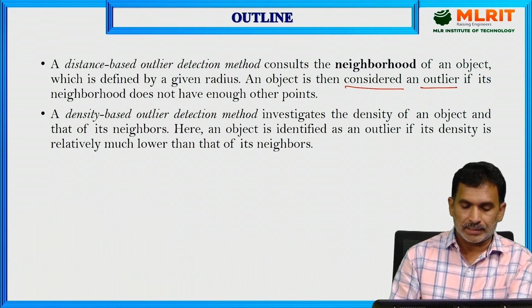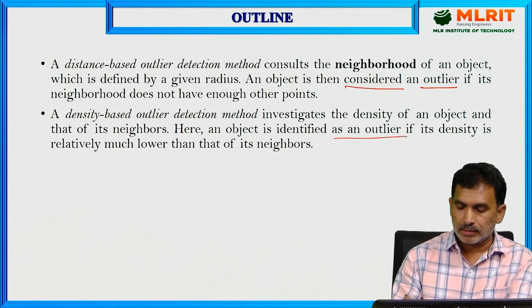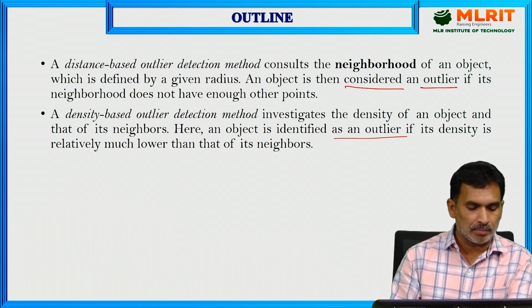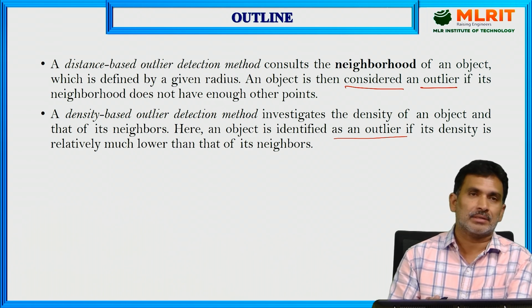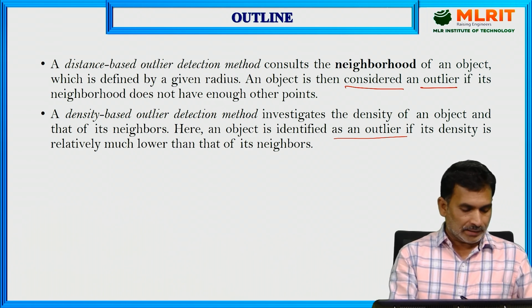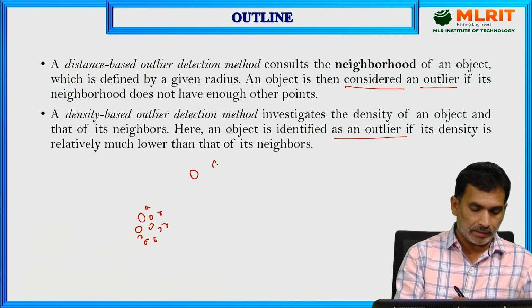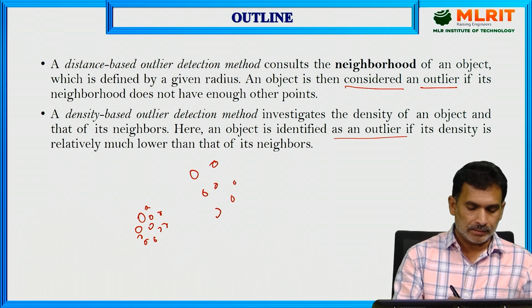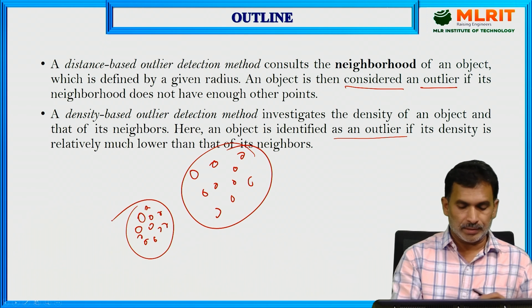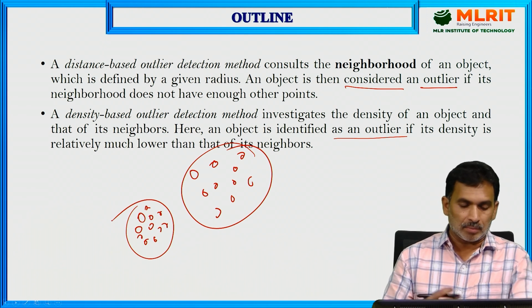Here, an object is identified as an outlier if its density is relatively much lower than that of its neighbors. Suppose we take one group of data and another group, and if you compare the densities, the density of this one is completely different.